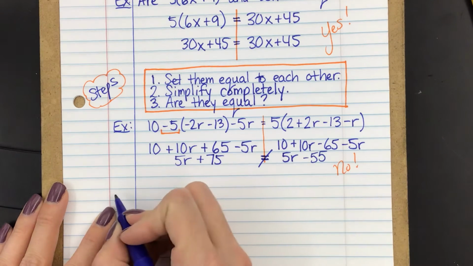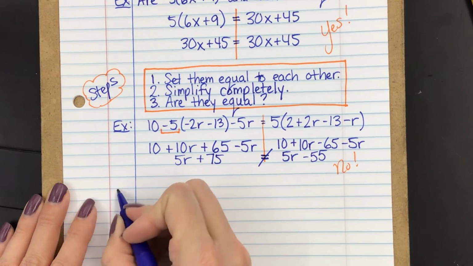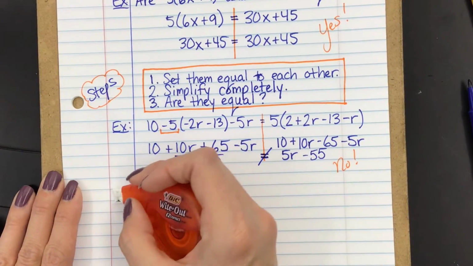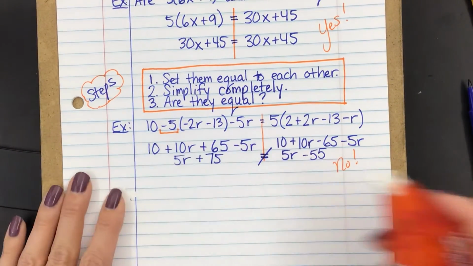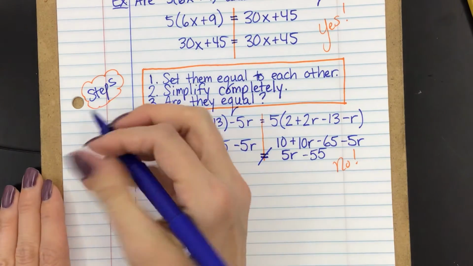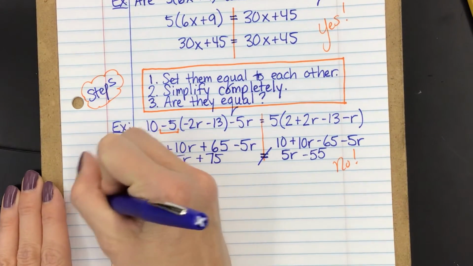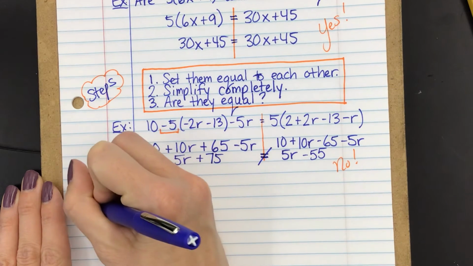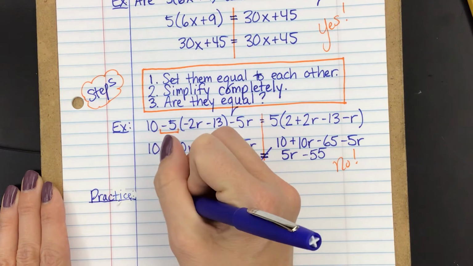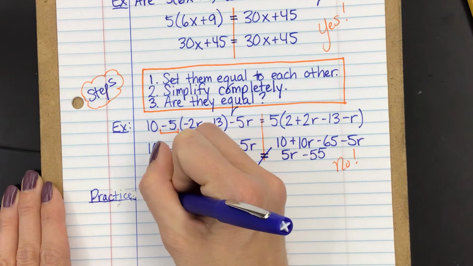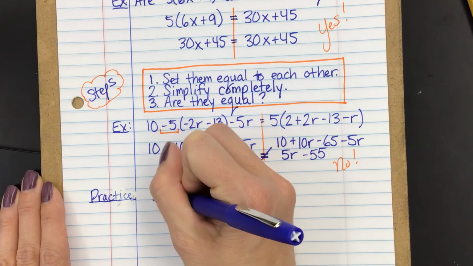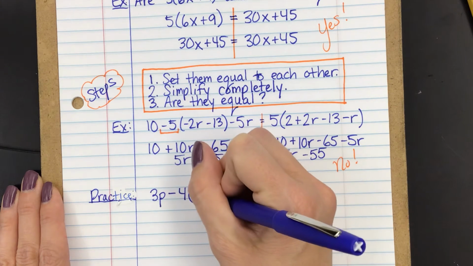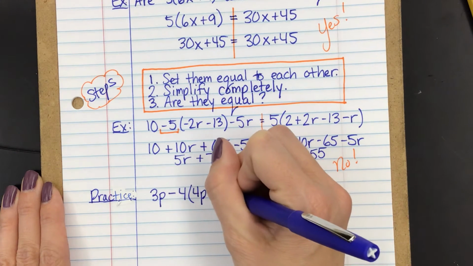Okay, let's do another example. Or actually, sorry, I'm going to have you practice. That's what I meant. So let's do 3p minus 4 times the whole thing, 4p minus 2.